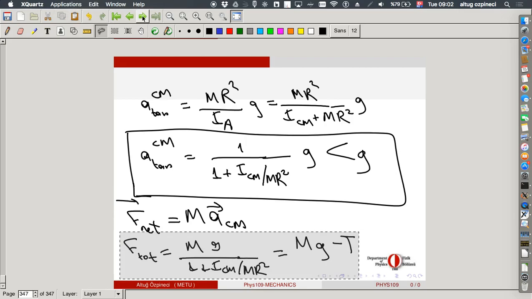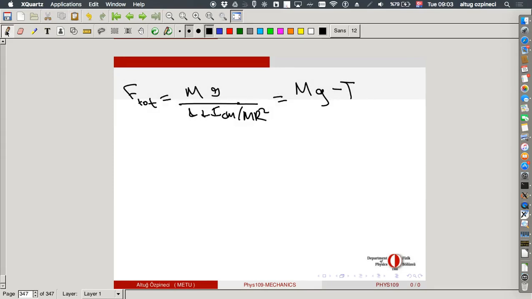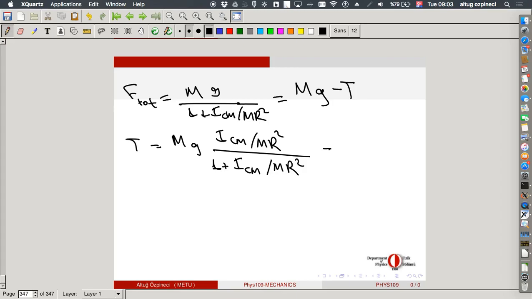So we can just determine the tension. Tension is equal to mg times I center of mass over mr squared divided by 1 plus I center of mass over mr squared, or mg times I center of mass divided by I center of mass plus mr squared.